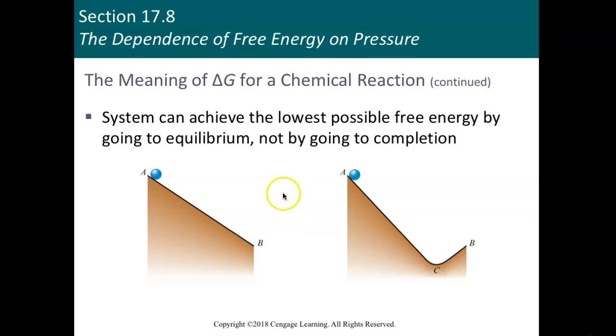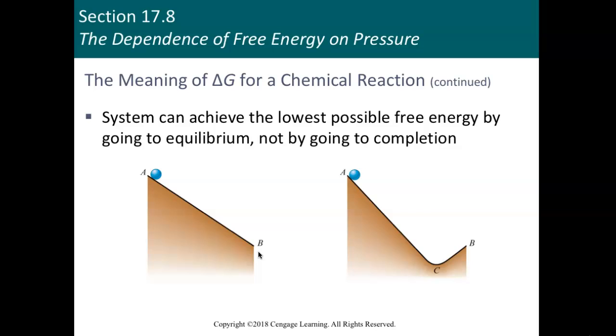Okay, so this would be a case where, using this analogy of the ball rolling down the hill, the ball is going to roll down and land at point B in this reaction, because point B is the only place it can go to.